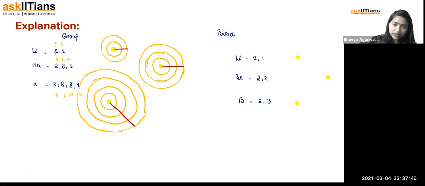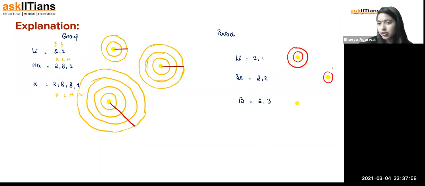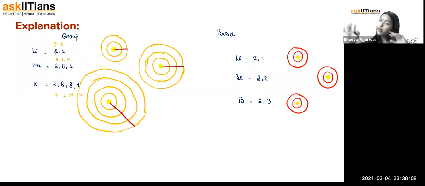Now, what is the difference? The difference is that they have more number of electrons and more number of protons. Right? That is the difference.